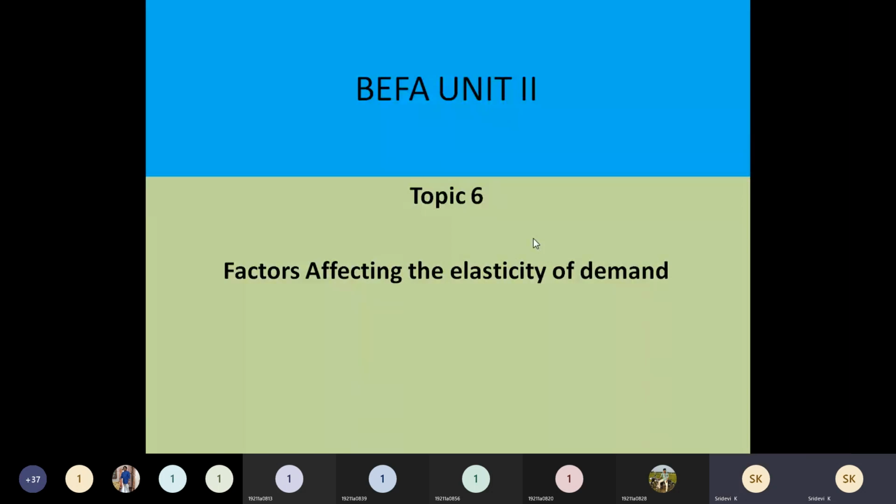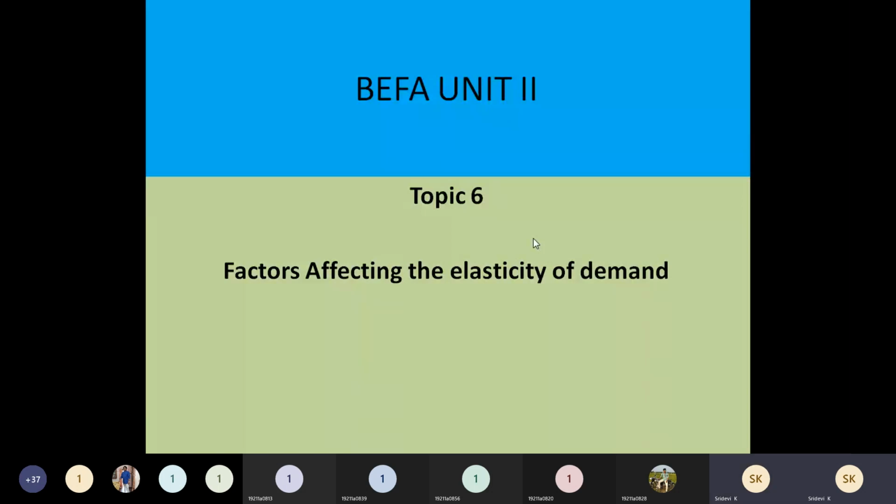And when we come to the income levels, high income people are there in the society. So even if price increases or decreases, they won't look after that, isn't it? That means the income of the consumers will also affect this elasticity of demand. They won't look after whether the price is increased or not. If they want, they will purchase.